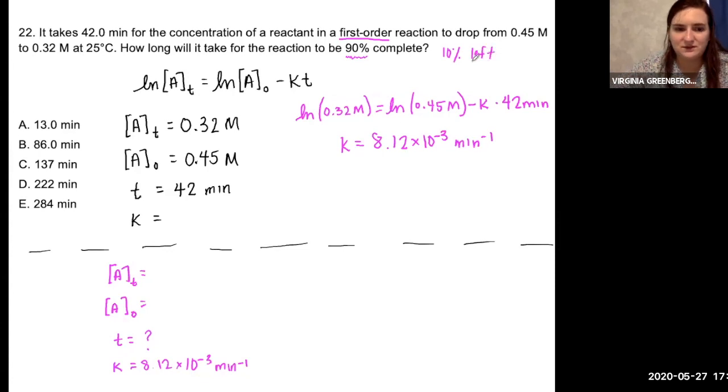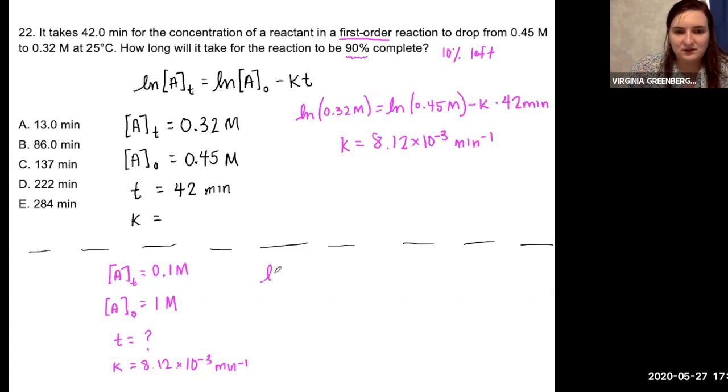Because what we want to do is our initial concentration and then our concentration that's left after the time in our integrated rate. So if we were to start with, say, 1 molar, what we'd have left actually is just going to be 0.1 molar of our reactants. So you do have to be a little careful there.